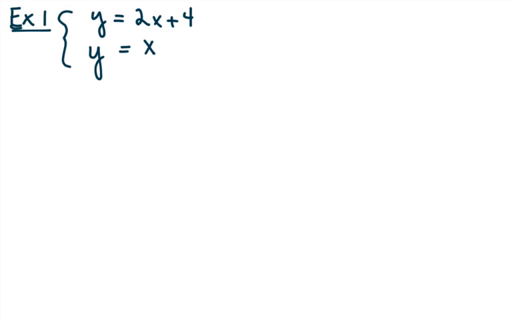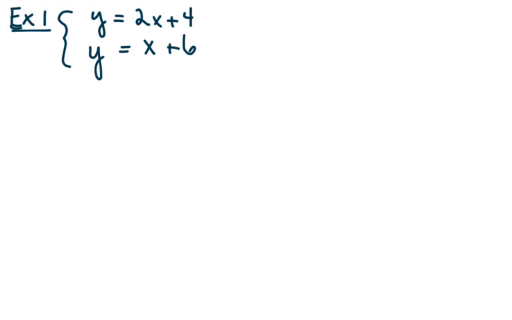Okay, so for example 1, we have the system y equals 2x plus 4 and y equals x plus 6.